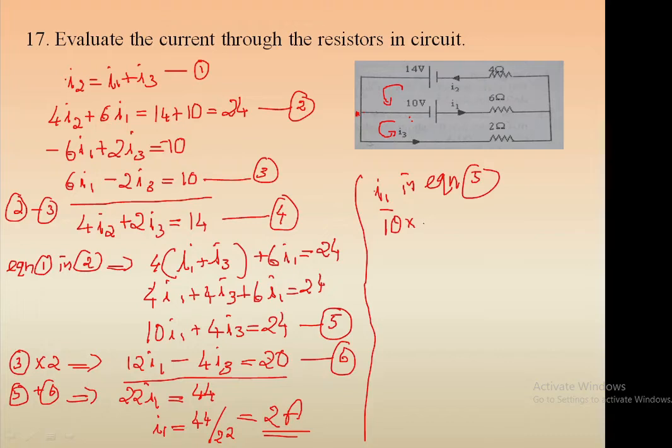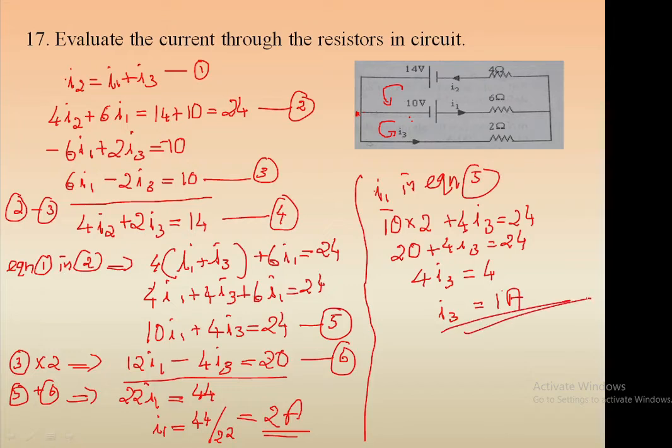But 10i1 is 10 into 2, plus 4i3 equals 24. So that is 20 plus 4i3 equals 24. That is 4i3 is equal to 4, or I3 is equal to 1 ampere.